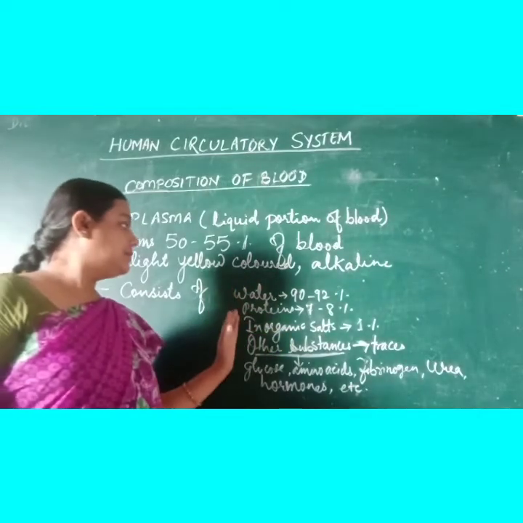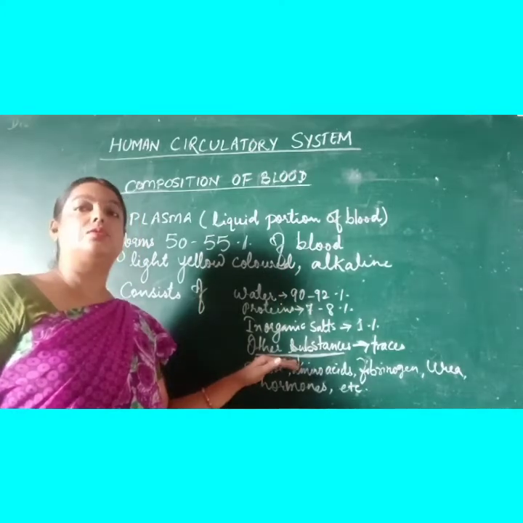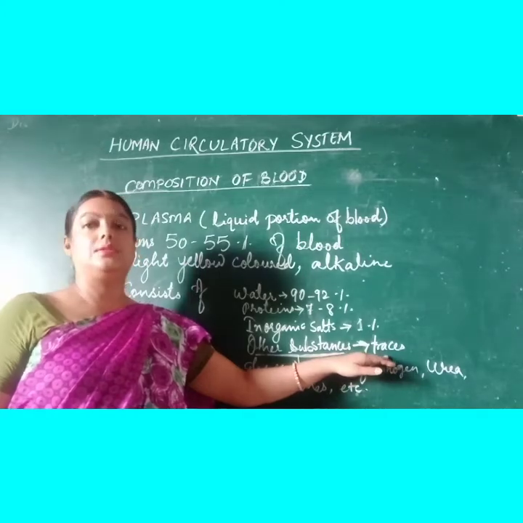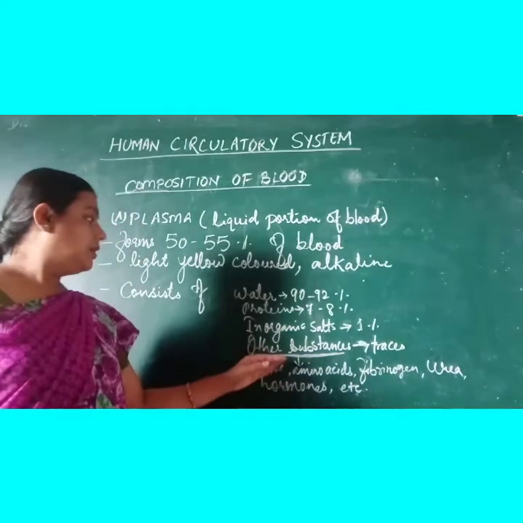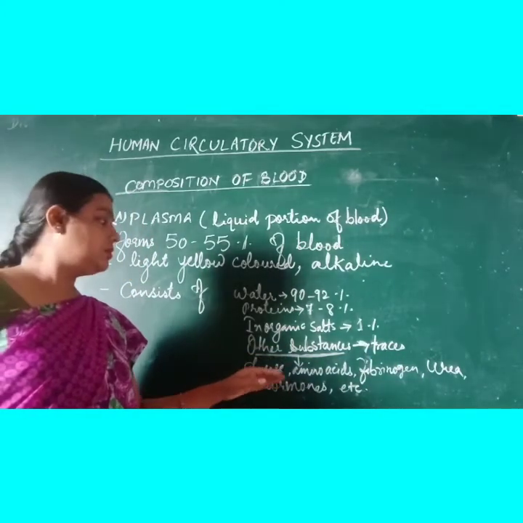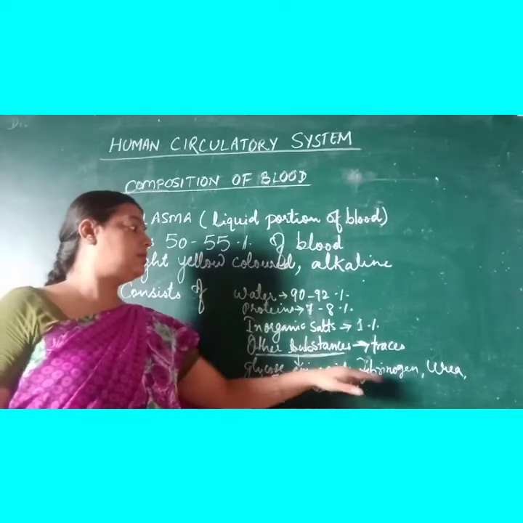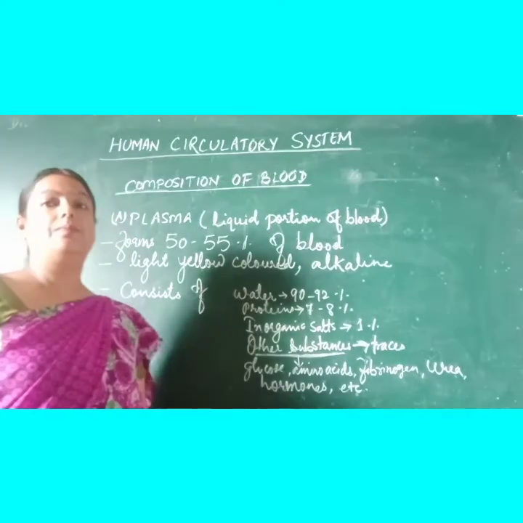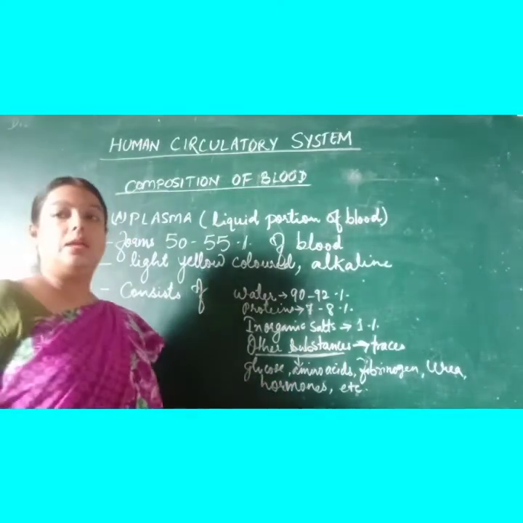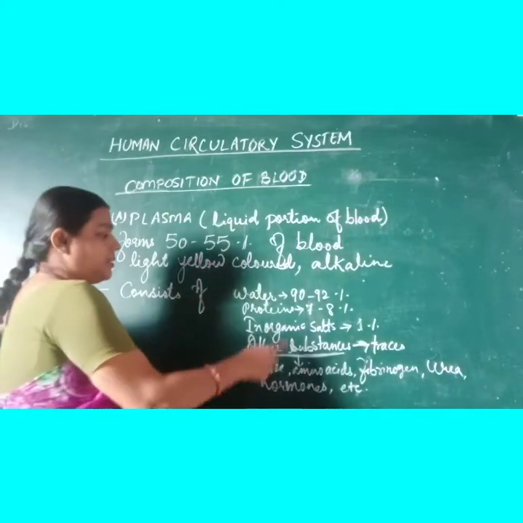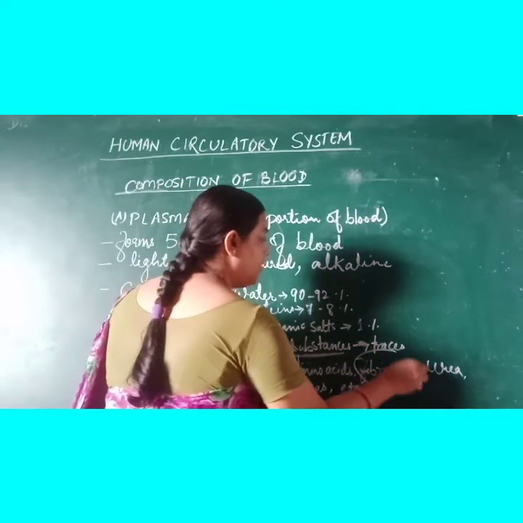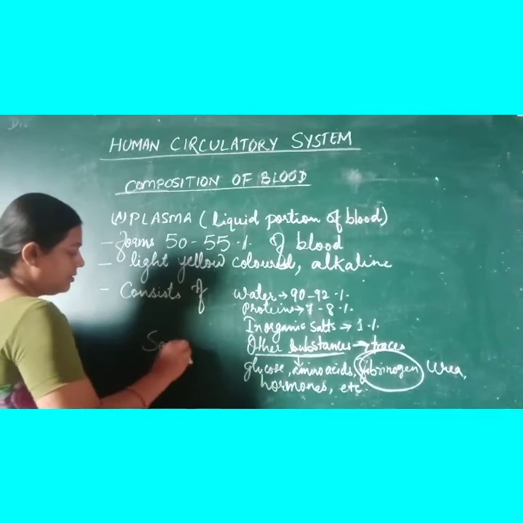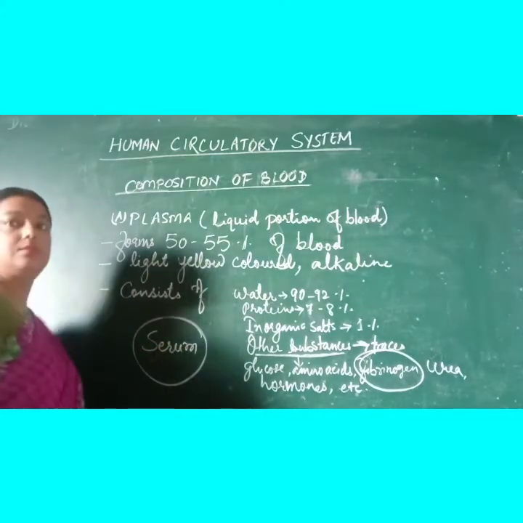And along with all these things, certain other substances also remain in plasma, in traces. Other substances may include glucose or amino acids, fibrinogen, urea, hormones, etc. Now children, if among these substances fibrinogen is removed, then we get a fluid which is called serum.